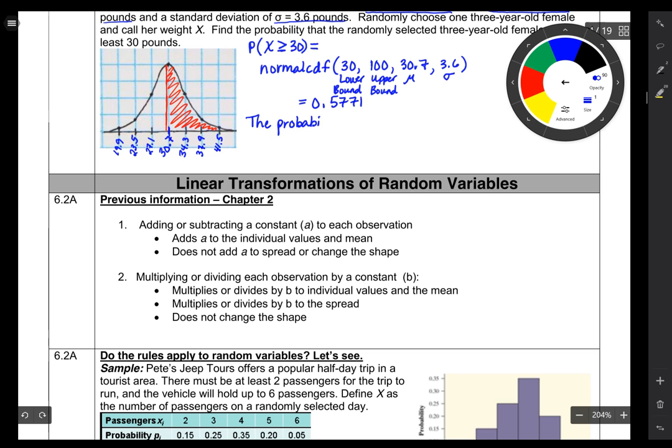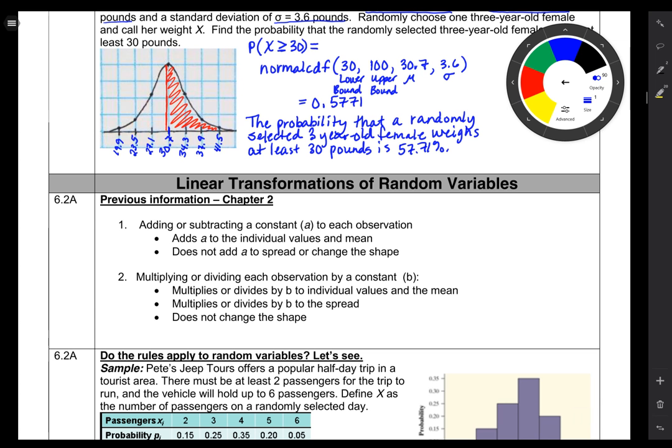The probability that a randomly selected three-year-old female weighs at least 30 pounds is 57.71%. And those are your notes for 6.1.